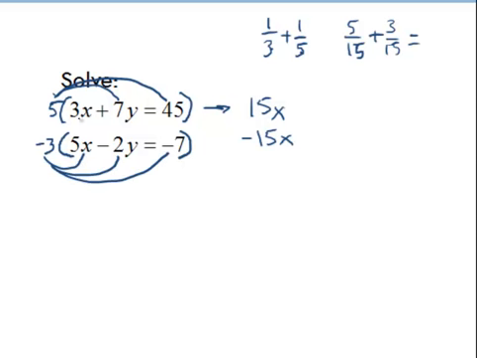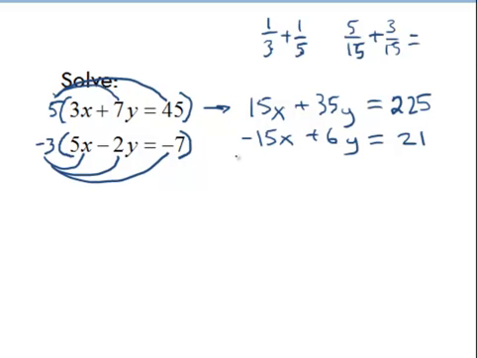So 5 times 3 is 15, 5 times 7 is 35y's, and 5 times 45, 5 times 40 is 200, 5 times 5 is 25, so 225. And here, -3 times -2 is +6y. -3 times -7 is +21.